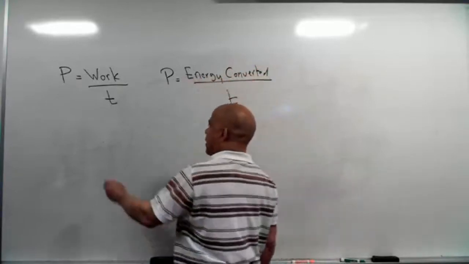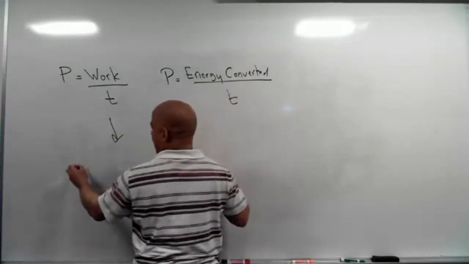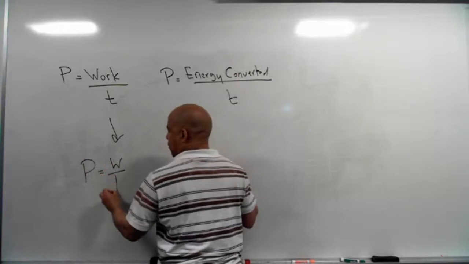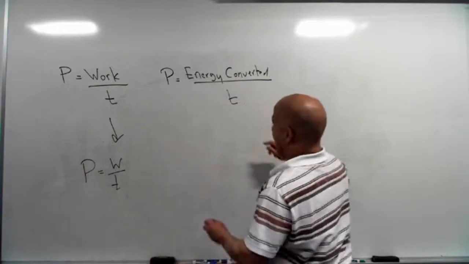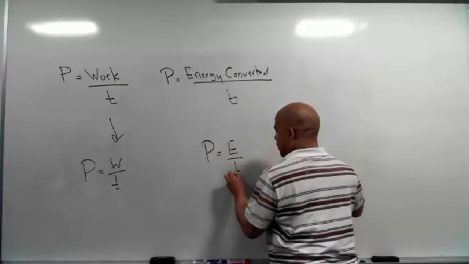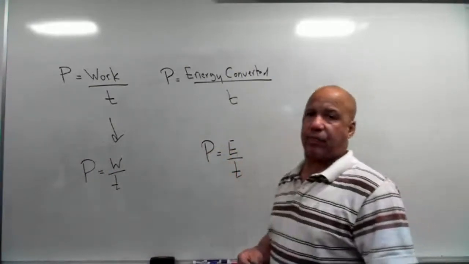So either way you want to write it. If you write it this way, we'll say that P equals W over T for work, or here, P equals E over T. Notice both of those are time rates.